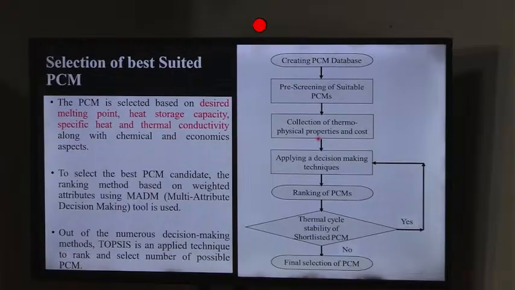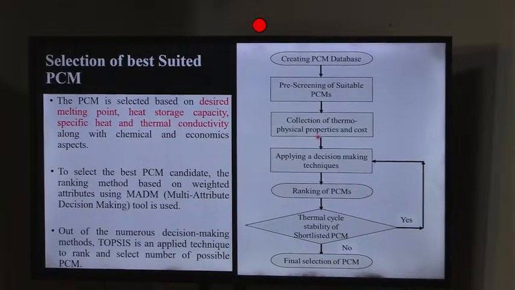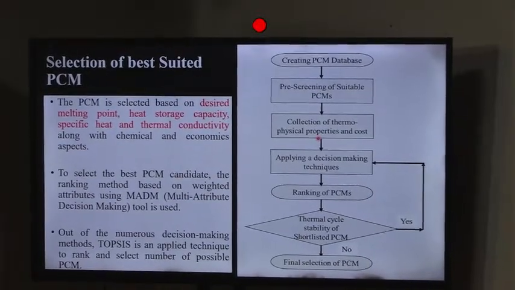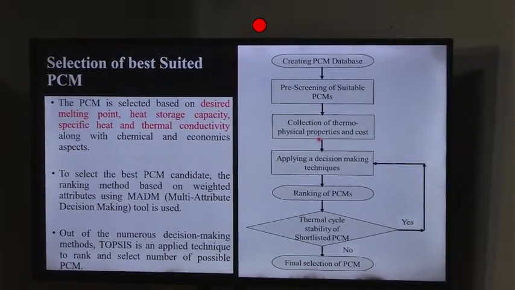Now, the selection of phase change material. There are many ways. One such way is the multi-attribute decision making system, also known as the MADM process. It is more like giving weightage to different attributes of a system, and then choosing on the basis of ranking which phase change material or which thermal energy storage system you have to decide on.